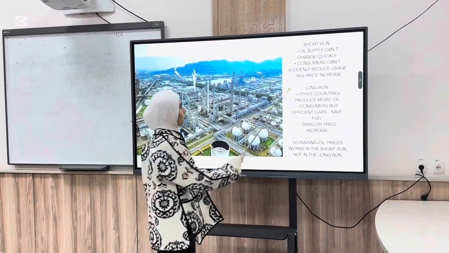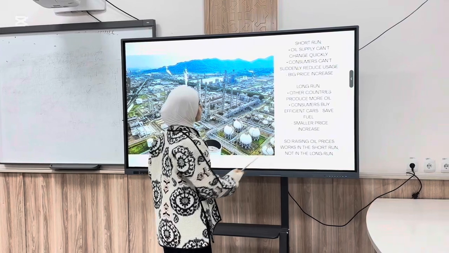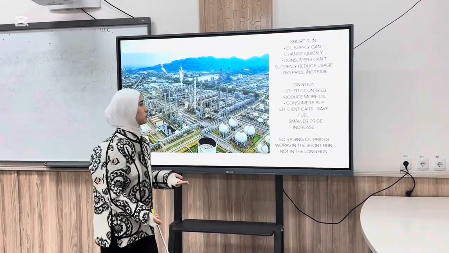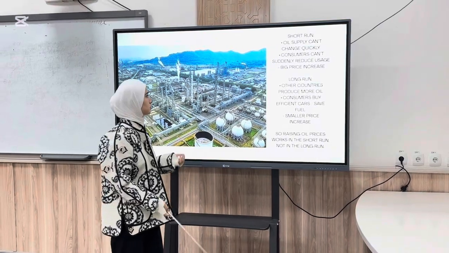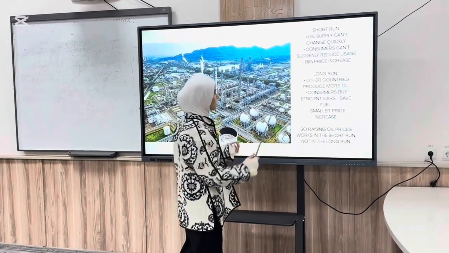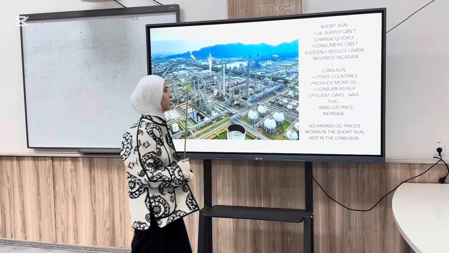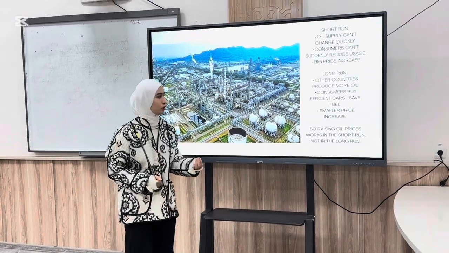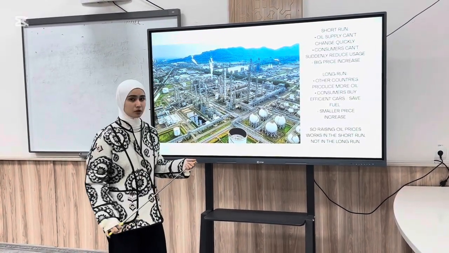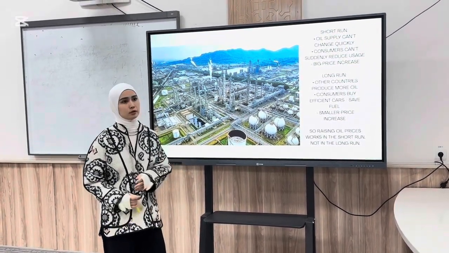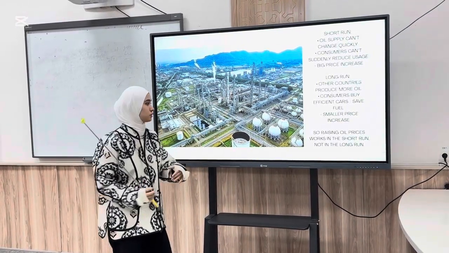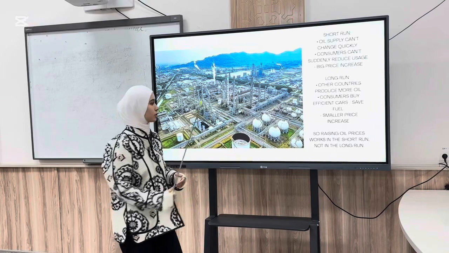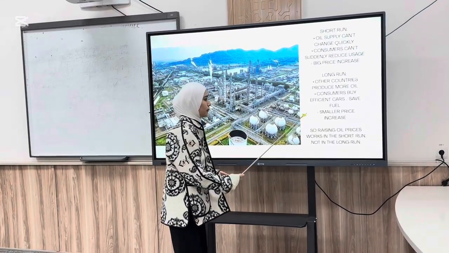In the short run, oil supply can't change much, consumers can't suddenly reduce usage, and it means a big price increase. But in the long run, other countries produce more oil and consumers buy efficient cars, save fuel, and adjust to this situation, and it means a smaller price increase.